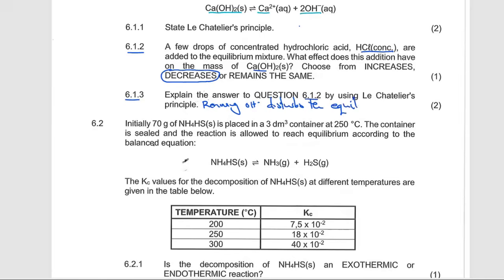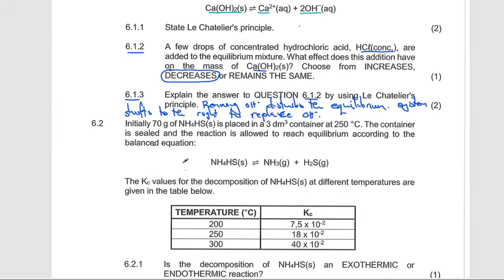In terms of Le Chatelier's principle, the system shifts to the right to replace our hydroxide ions.